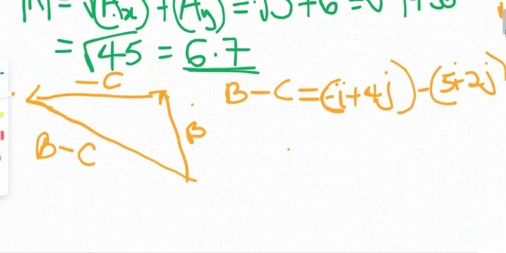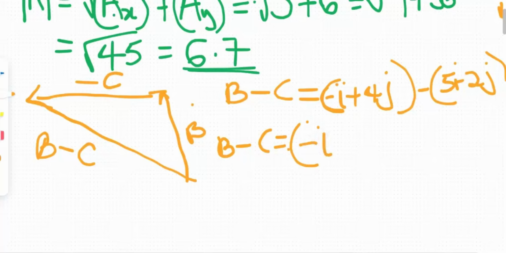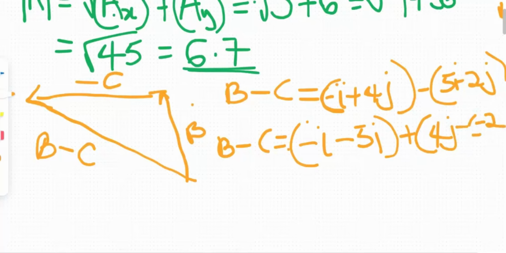That's the resultant. So we have it here that B minus C is equal to minus i minus 5i, then plus 4j minus 2j.